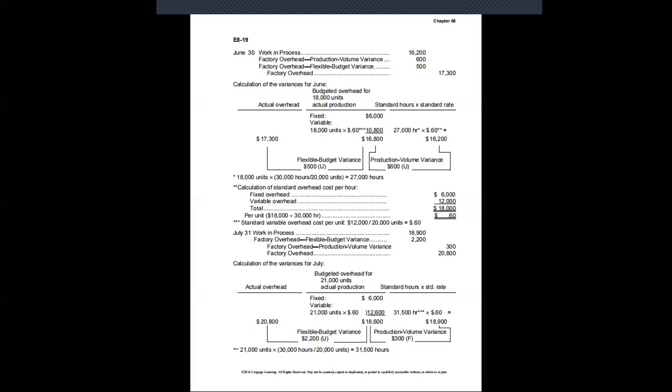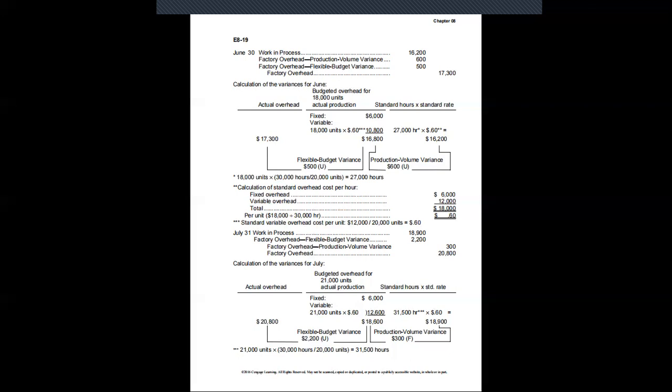Then for the standard hours times standard rate, the standard hours equal 27,000 hours. It's computed by multiplying 18,000 units times 1.50, taken by dividing 30,000 direct labor hours by 20,000 units.